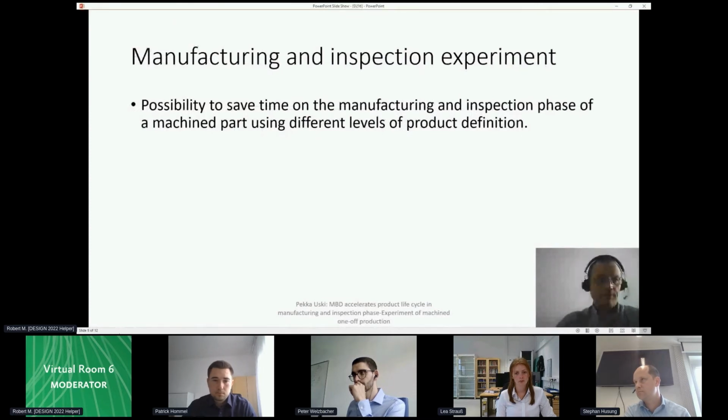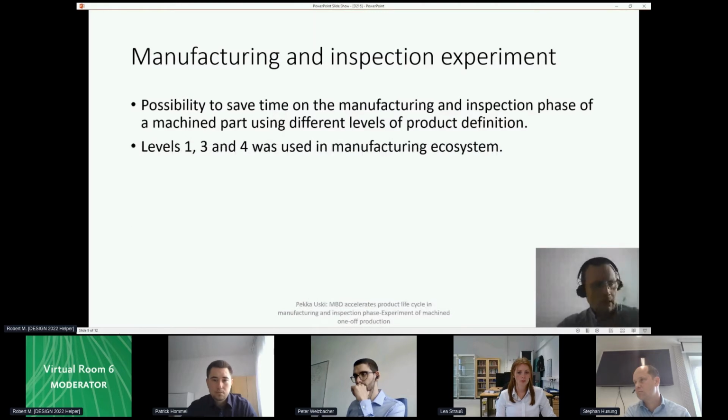We wanted to find out, is it possible to save time in the manufacturing and inspection phase of a machine part using different levels of product definition? We know that there are 3 kinds of levels of product definition that were used in the manufacturing ecosystem.